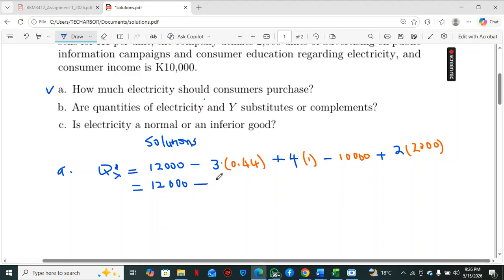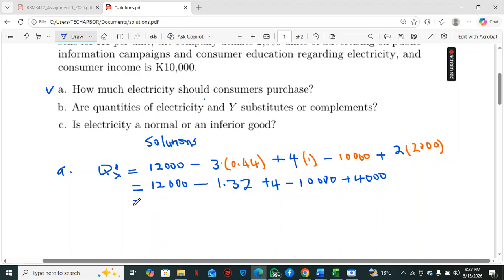That's 1.32, plus 4, minus 10,000, plus 4,000. So again, say 12,000 minus 1.32 plus 4 minus 10,000 plus 4,000.